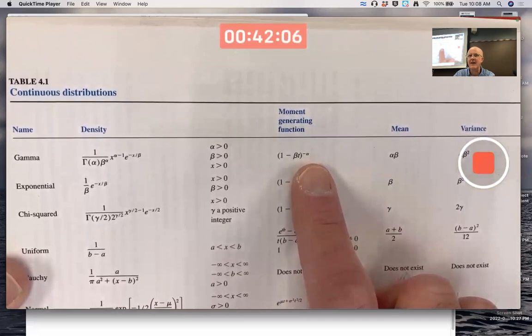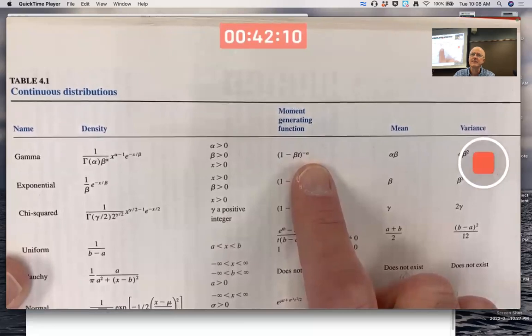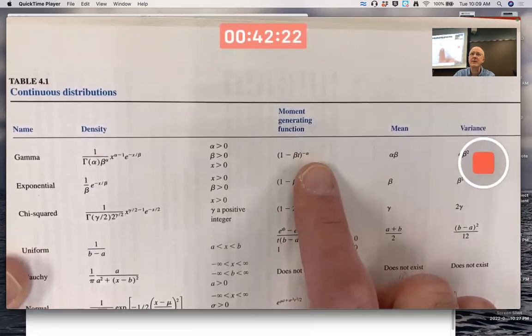You'll get negative 1/2, minus 1/2, minus 1/2, minus 1/2, minus 1/2. How many times? N is 10. 10 times negative 1/2 is negative 5. The exponent would become negative 5 when we add 10 such random variables.